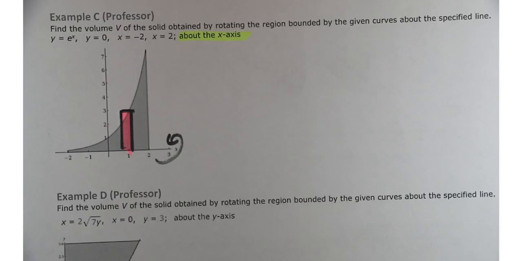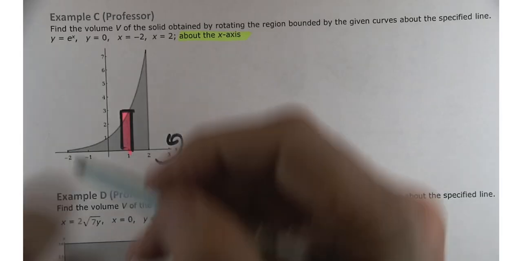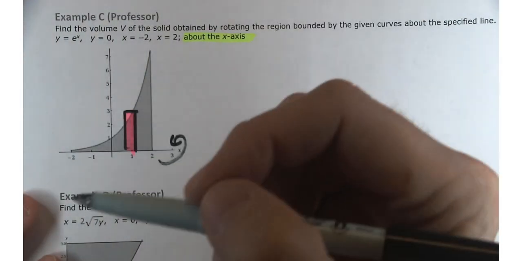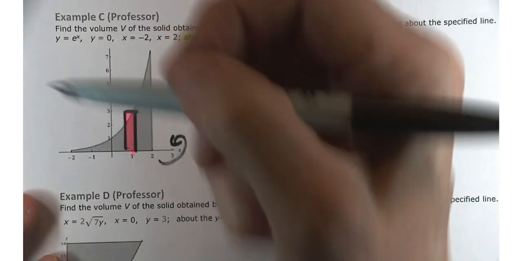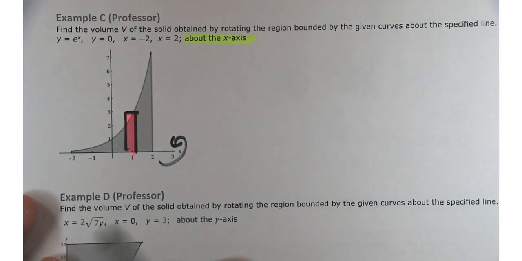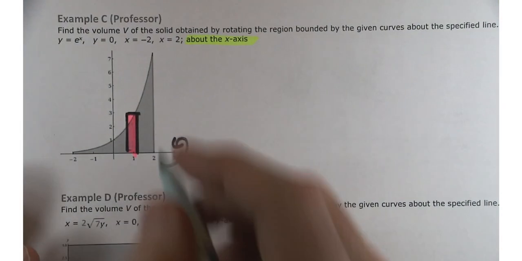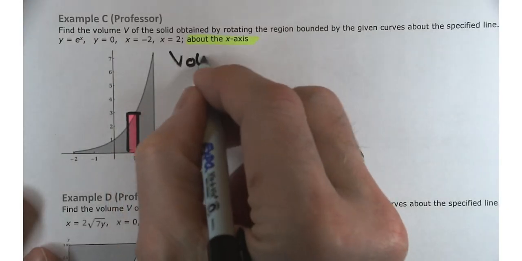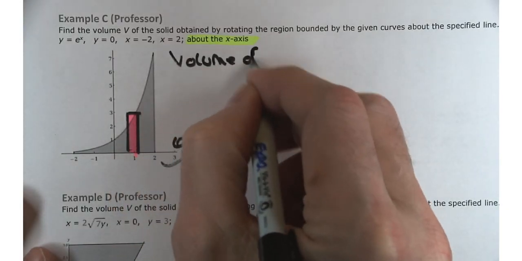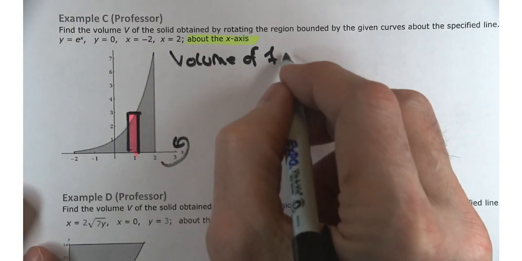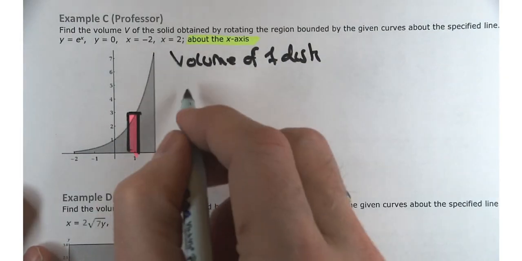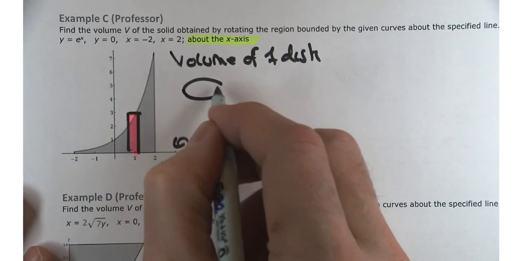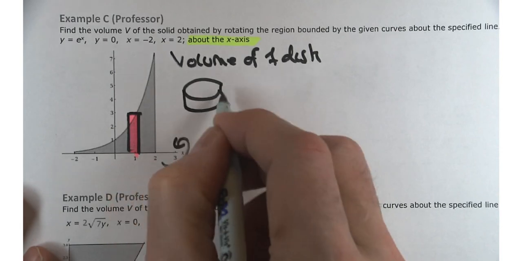In any case, let's find the volume of one slice here. It's going to be one disc, because when this rotates around the x-axis, it's going to sweep out one disc. So volume of one disc. There we go.